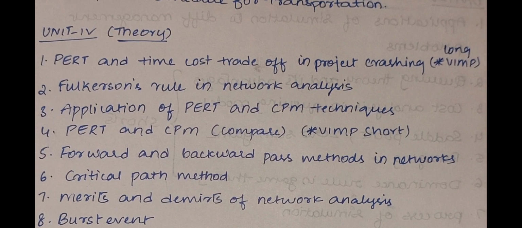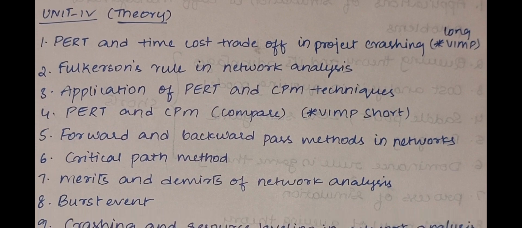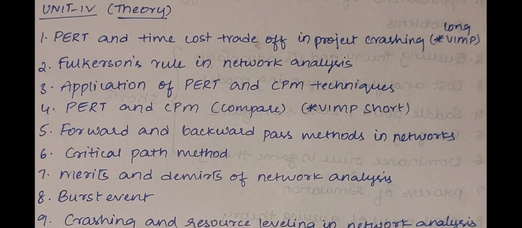In case you don't have an option to solve a practical question, you can use this theory question to answer it. Fulkerson's rule in network analysis, application of PERT and CPM techniques, and CPM and PERT comparison are most important for the short answers. Forward and backward pass methods in networks is again a long answer question.